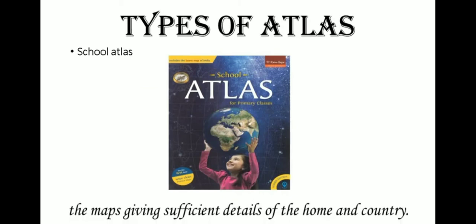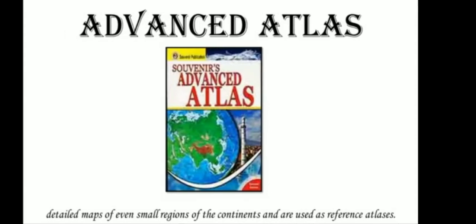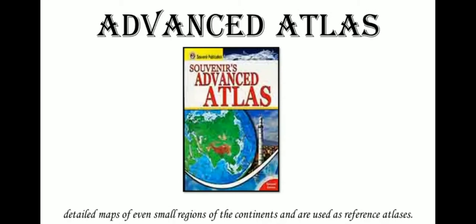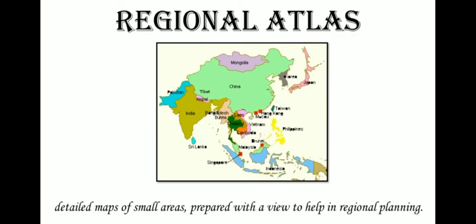Types of atlas. School atlas contains the maps giving sufficient details of the home and country. Advanced atlas contains detailed maps of even small regions of the continents and is used as reference atlases.